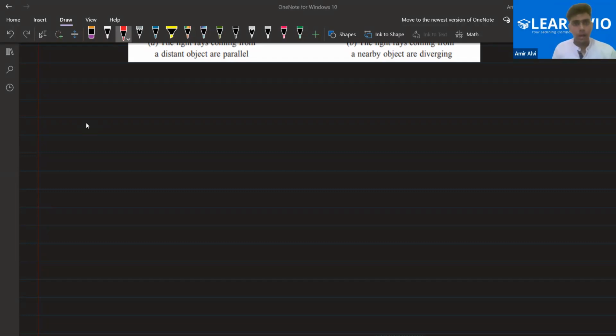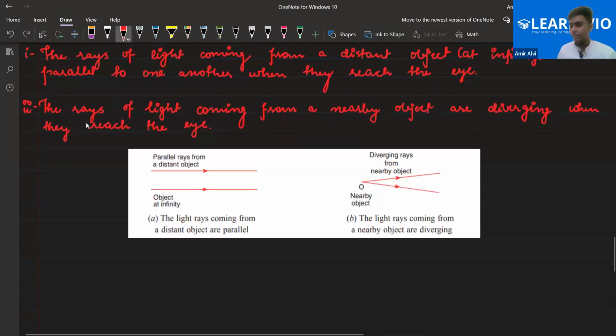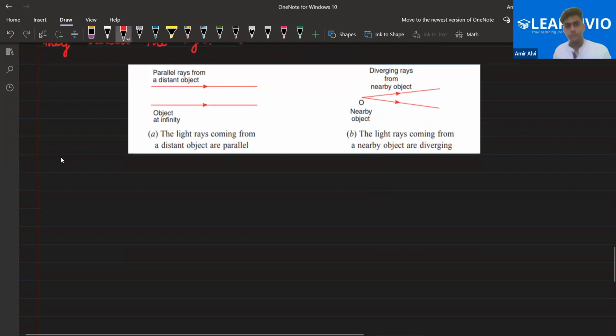So one more thing. As I've told you, the rays coming from a distant object are parallel, and rays coming from a nearby object will be diverging, right? So now let's understand the accommodation topic.